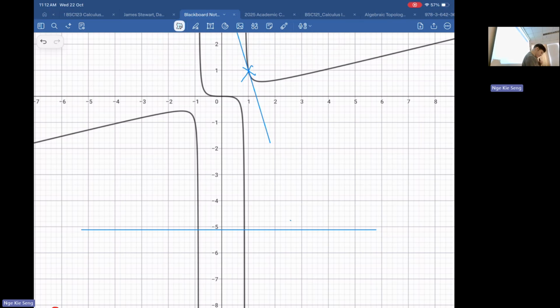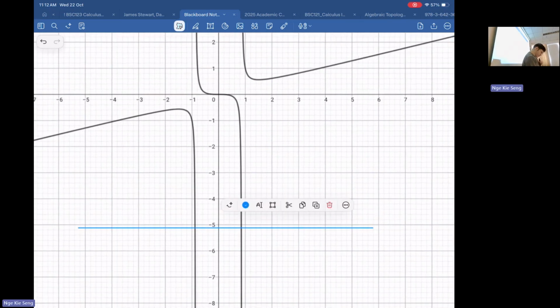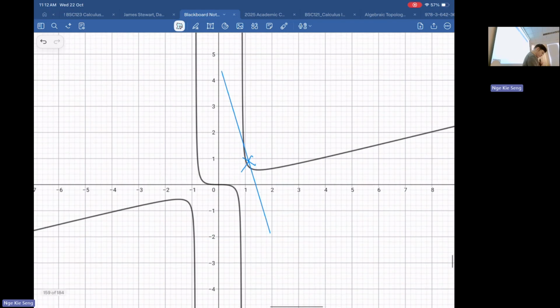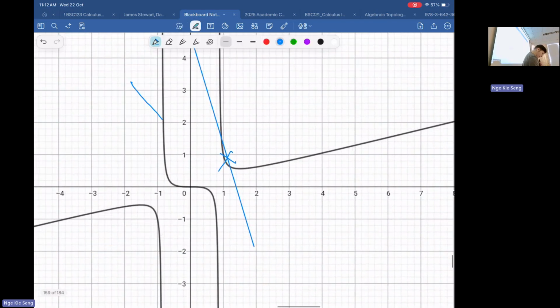But y equals -5x is here. Basically, you just shift your line up.